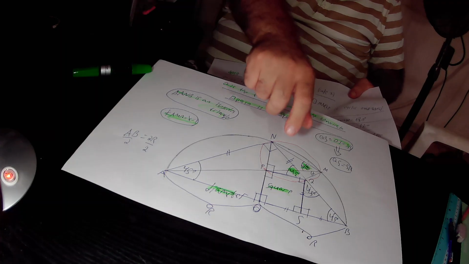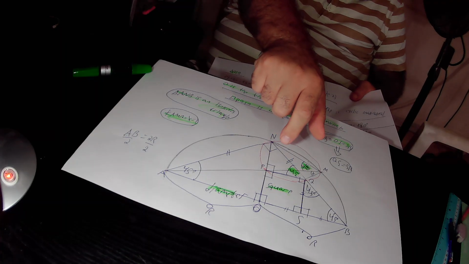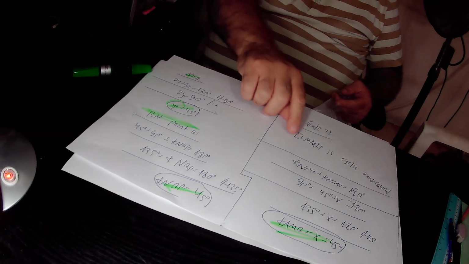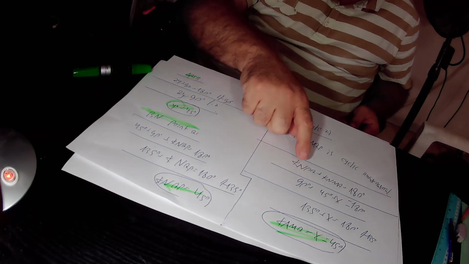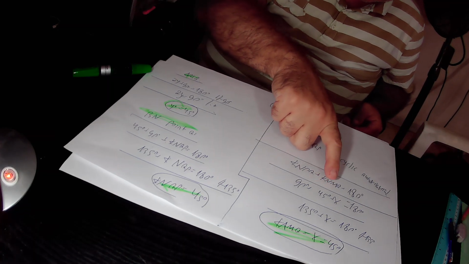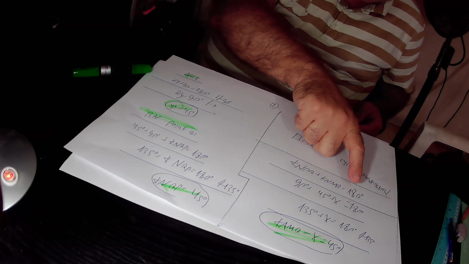In total, the sum of those two opposite angles must be equal to 180 degrees. Again, angle NPQ is the right angle, plus angle NMQ equals 45 degrees plus x. In total, it must be equal to 180 degrees.